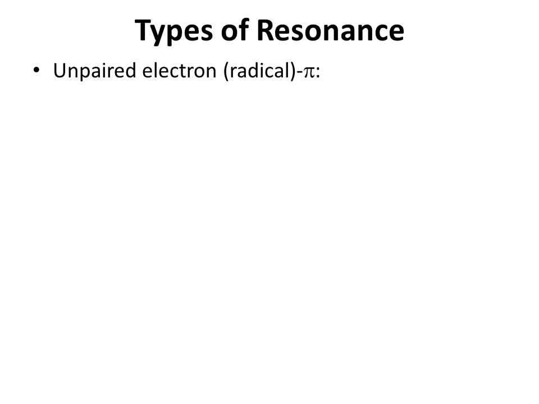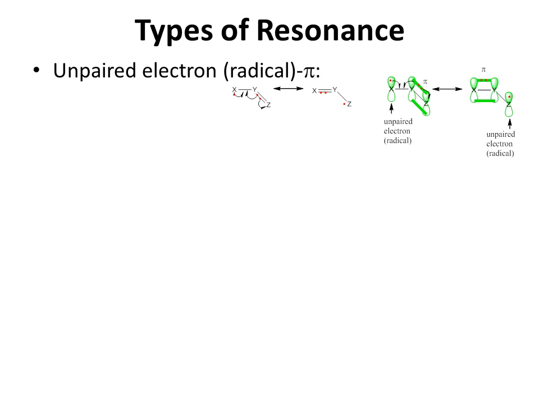Unpaired electron or radical pi resonance involves atom X having just one dot, one electron, which is called a radical, adjacent to a pi bond between Y and Z. Now, X doesn't need 2 electrons in order to form a pi bond, it just needs 1.